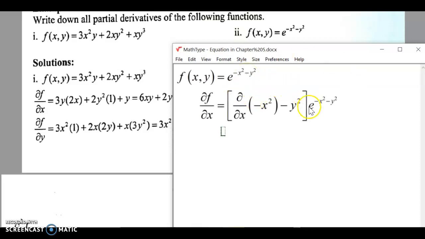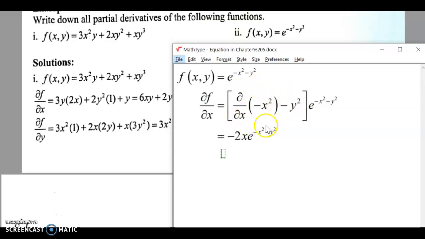So basically this is how we write it down. I just bring down the power, and we just differentiate on the x. The minus y squared, y squared here we consider not exist.